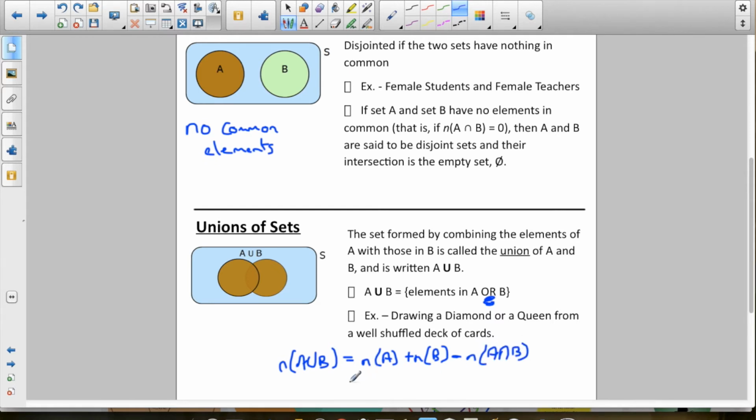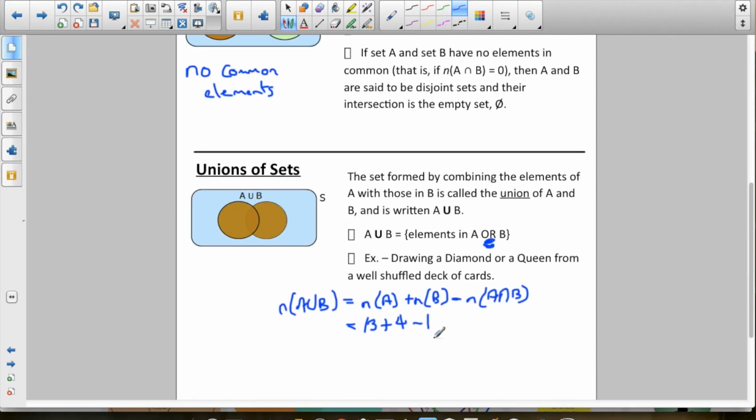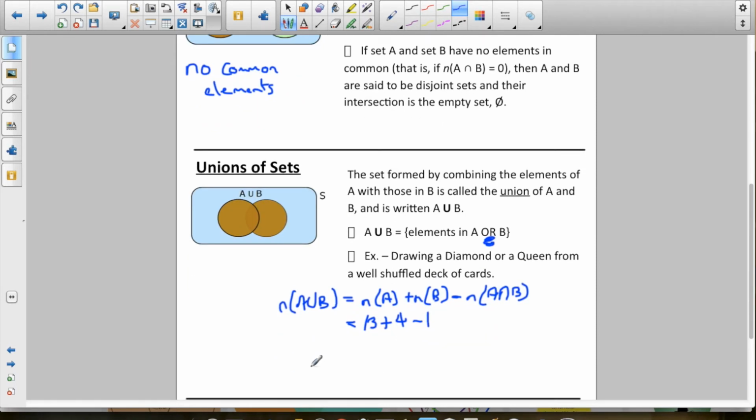Like this. So in this example, we have 13 diamonds plus 4 queens, but we have 1, which is the queen of diamonds, that we have to subtract. And so we end up with 16.